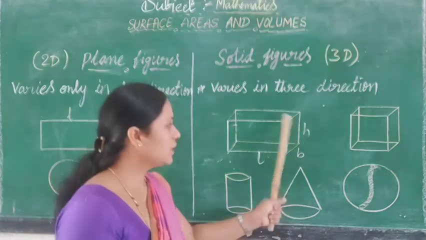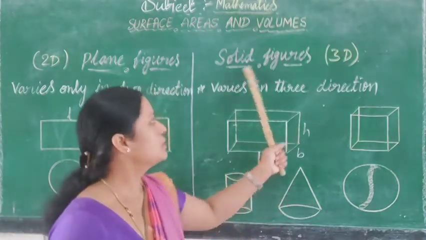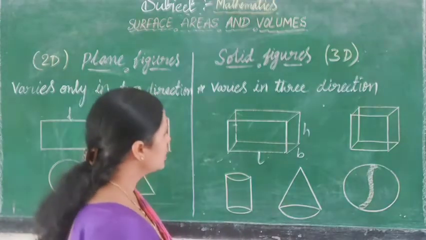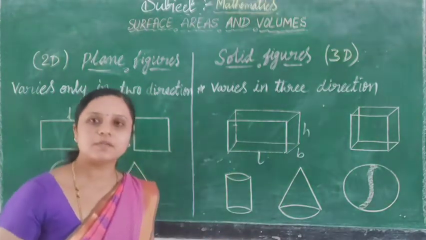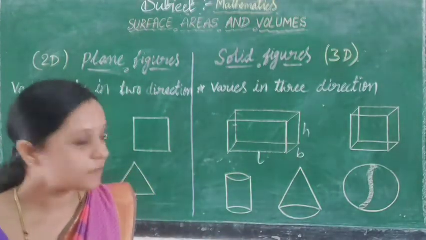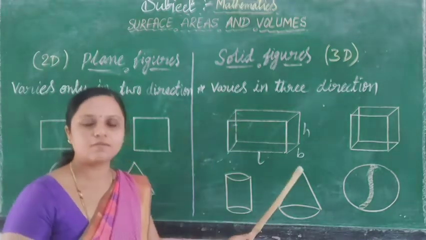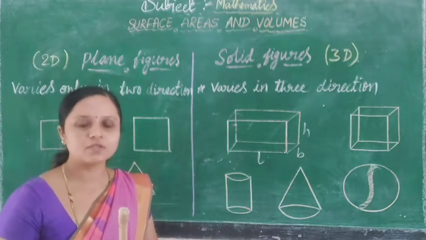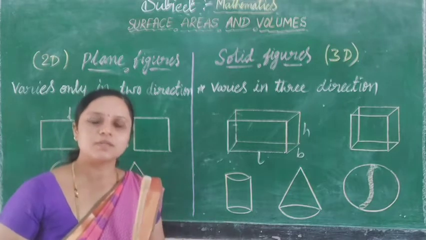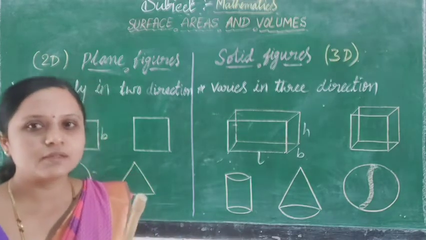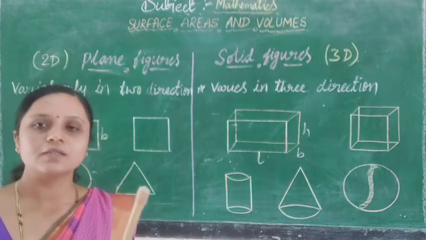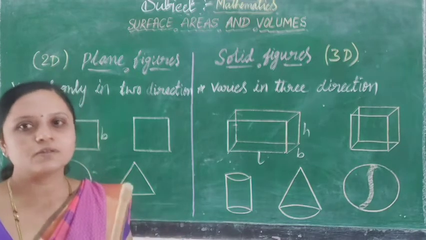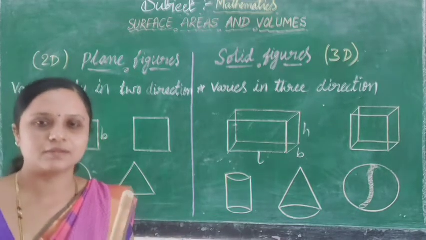So three-dimensional figures are called solid figures. In solid figures we can find the volume and also the surface area. Students, this is the difference between plane figures and solid figures, in other words, 2D figures and 3D figures.